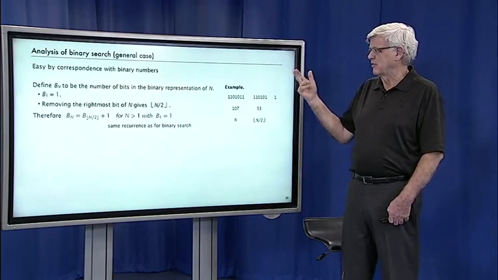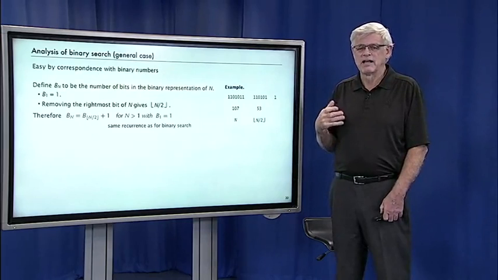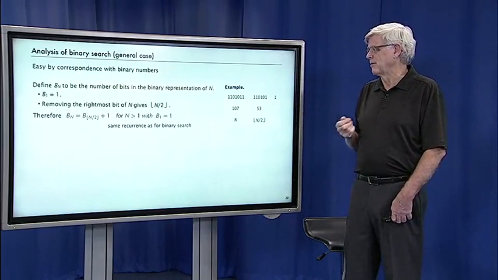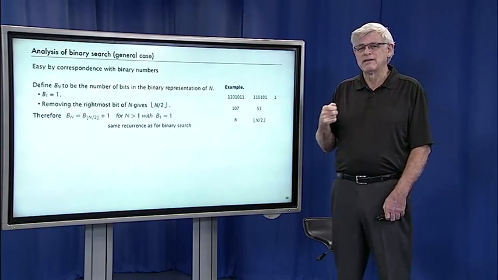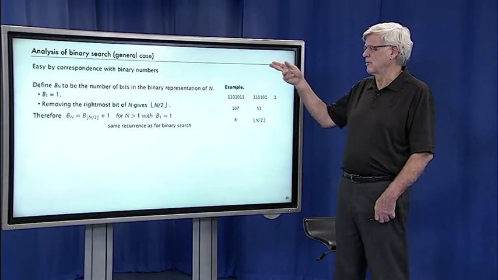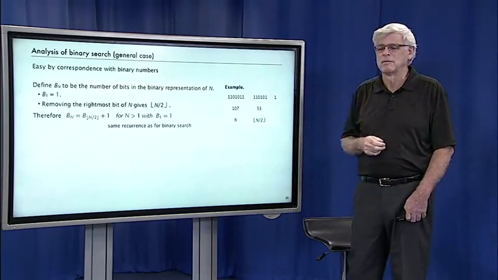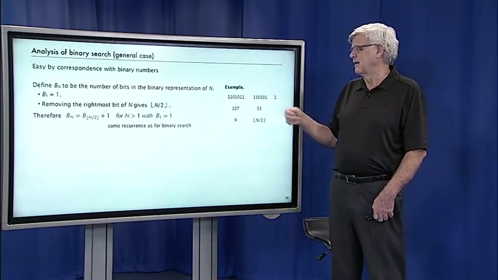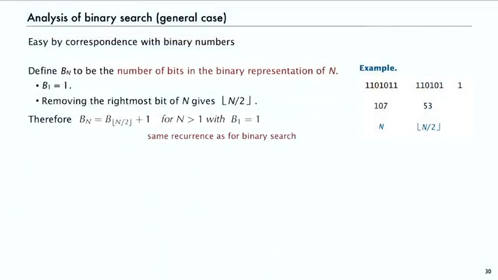But what about the general case, when N is not necessarily a power of 2? It turns out to be an easy way to study that case, and that's to develop a correspondence with binary numbers. So let's define b sub n to be the number of bits in the binary representation of n. In this example, n is 107, and it's got 7 bits in its binary representation.